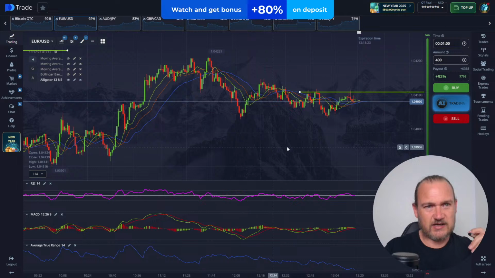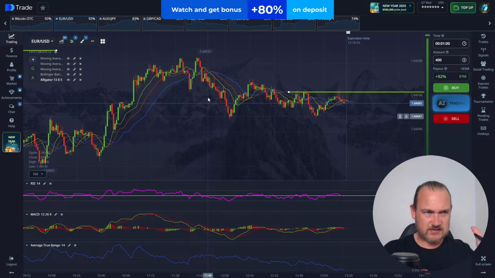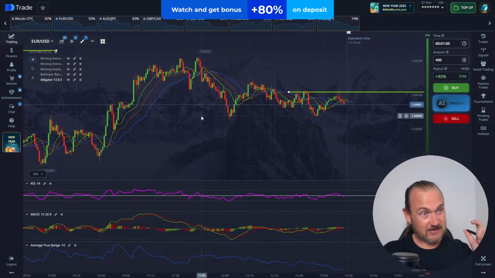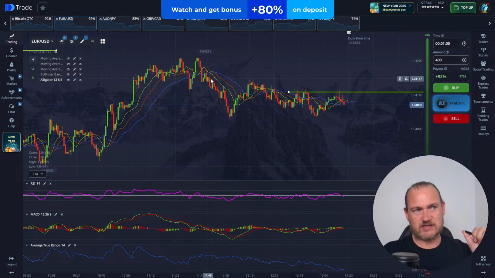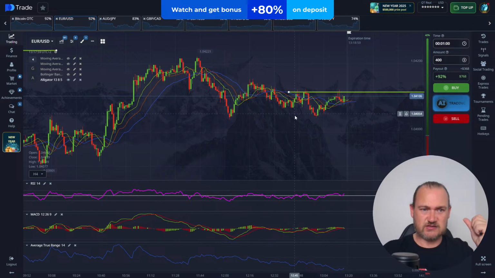So if we look at areas where we find crosses where the RSI is bearish, in this case, we can see here that when the alligator crossed downwards, even though it was ranging, my RSI was already bearish, and we could have taken a 5-minute sell here on that cross, because my RSI confirmed the direction, it was bearish.